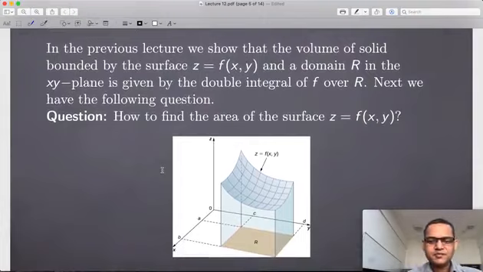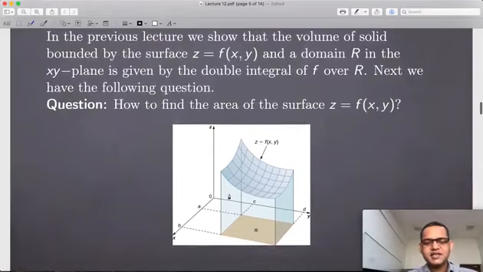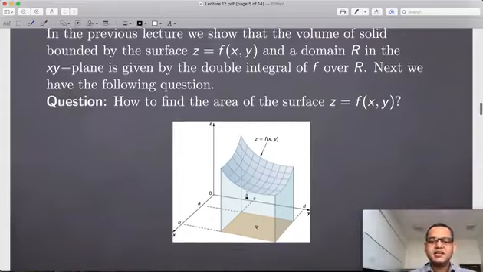Just recall that we are given a function of two variables, so it gives you a surface in R3, and the idea of the double integral was that it was giving us the volume of this solid, because in the xy plane it is bounded by a domain. Let's say this is a rectangle, over which I have the surface, given by z equals f of x comma y. So the idea of the double integral was to compute the volume of this solid, isn't it?